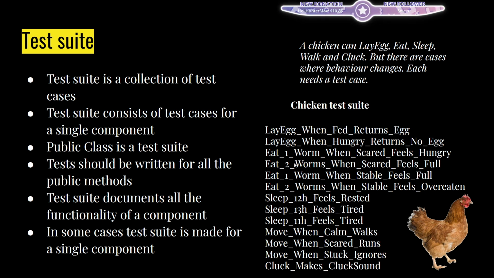It's not enough, so he needs to eat 2 worms to feel full when he's scared. However, when chicken is stable, 1 worm is enough. So we can make a conclusion that when chicken is scared, he needs to eat twice as much. And if chicken eats one worm more than he needs, he becomes overeaten.